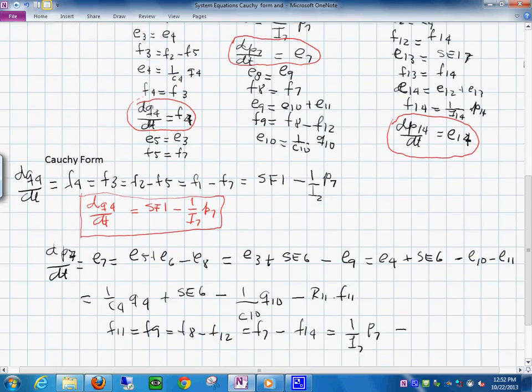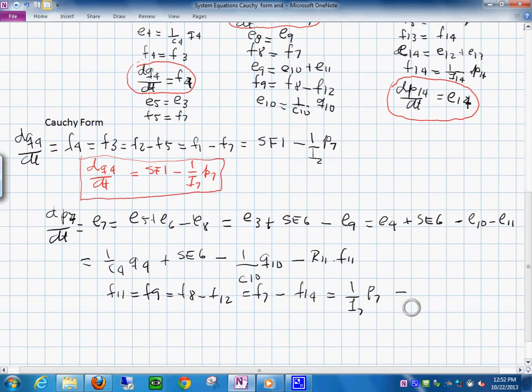And that is going to be the third equation. Well, let's write it really well here. dt, this is going to be equal to 1 over I sub 7 P sub 7 minus 1 over I14 P14, like that. And that is my third equation.